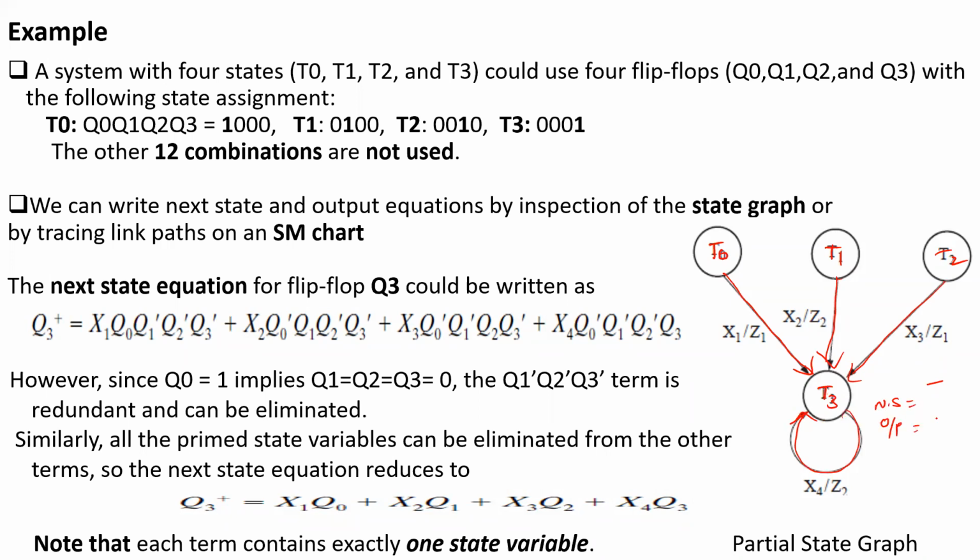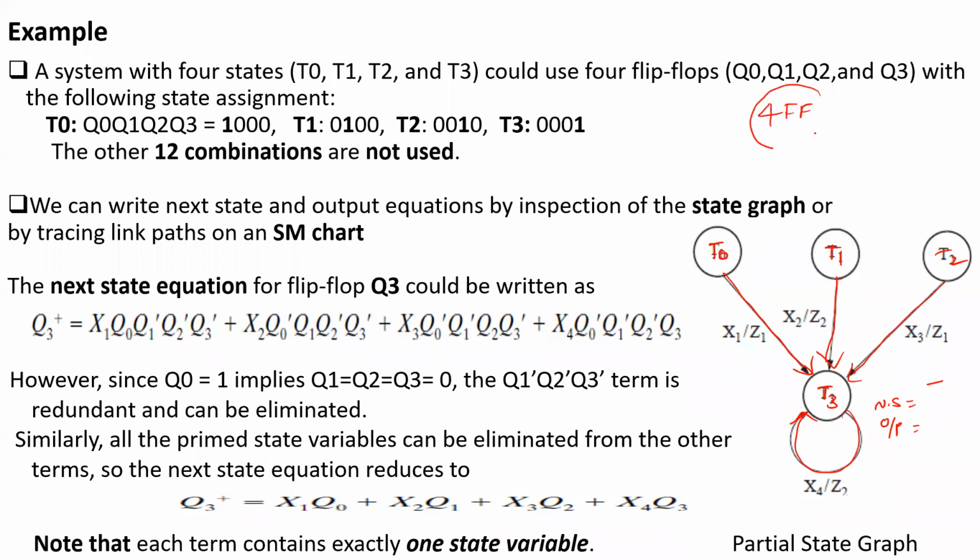How will these equations look? So that we can understand how good the one hot state assignment is when compared to the encoded assignment. If you have 4 states, 4 flip-flops are required, there is no doubt.